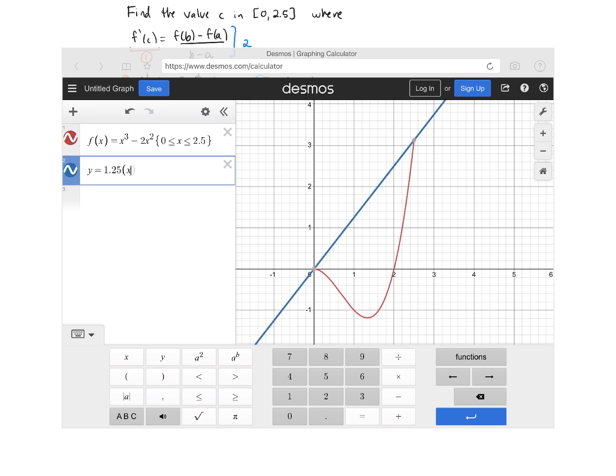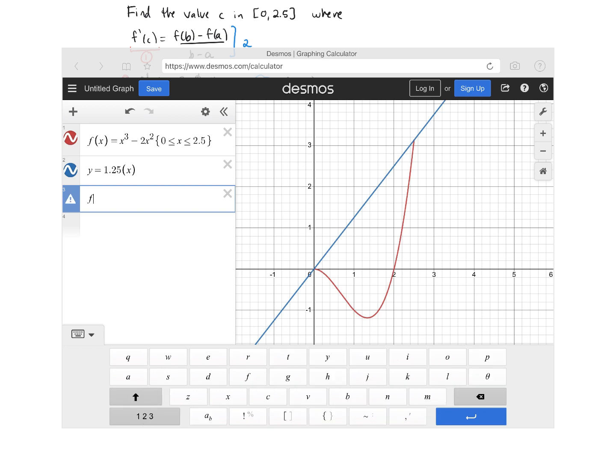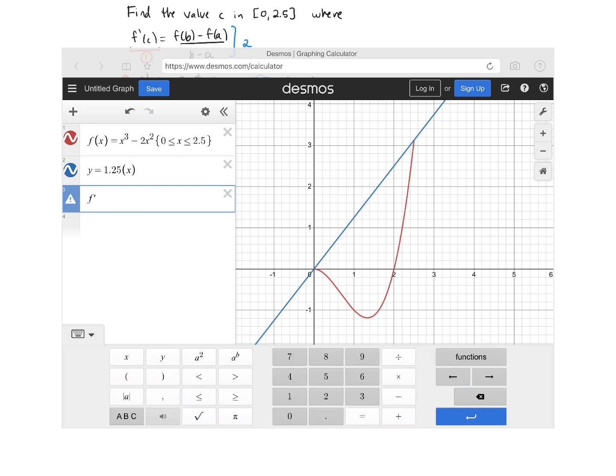We can just do x minus 0 plus 0, or just 1.25x. And we think that if we do our f prime at our critical number, I'm going to go ahead and put in the exact answer, which was 4 plus the square root of 31 all over 6. Oh, that is also 1.25, which makes sense.